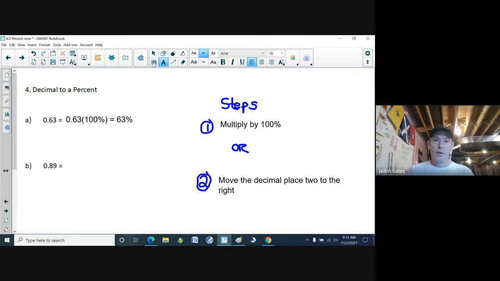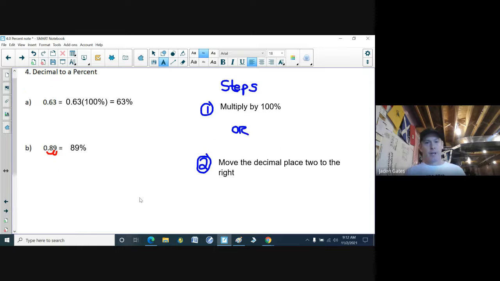So 2 to the right, there's my decimal there, 0.89. I can move it 1, 2, and I'd be behind the 9. And so I would end up with 89%. There we go.